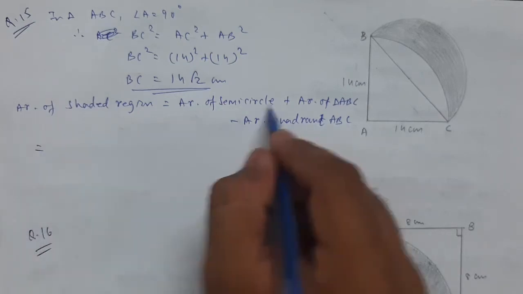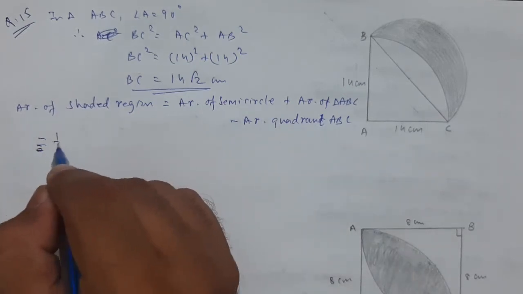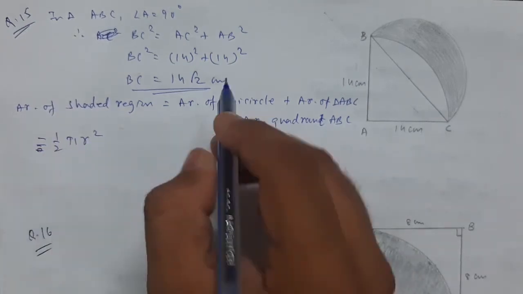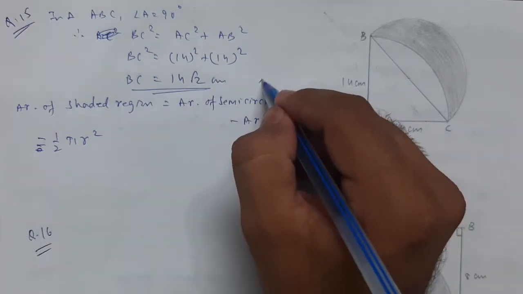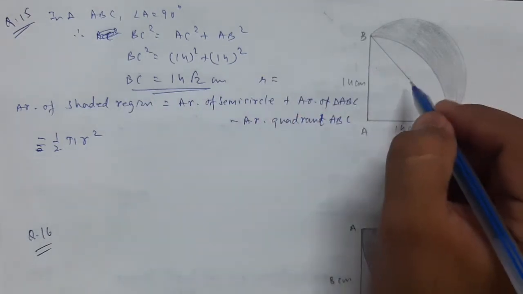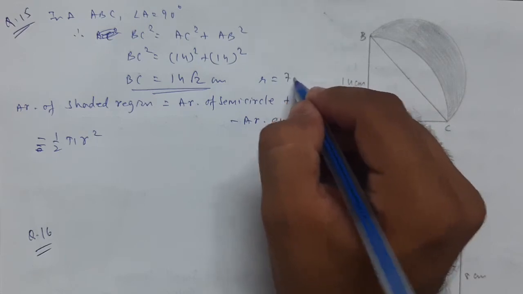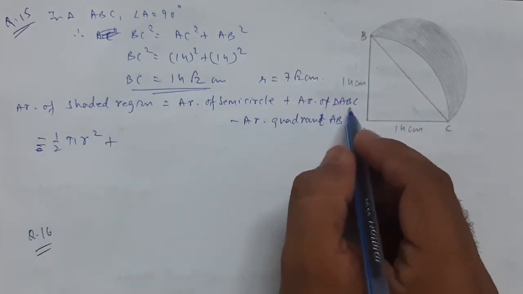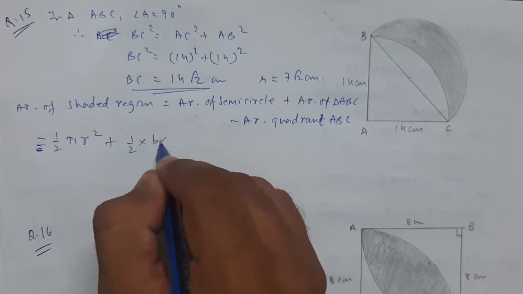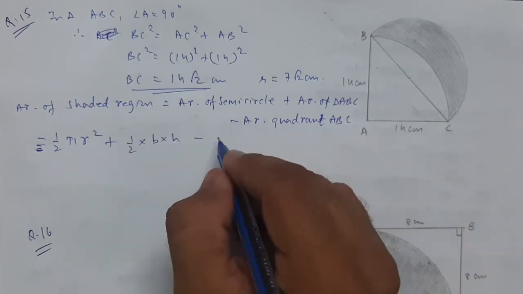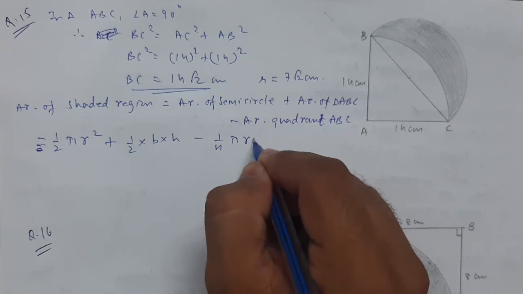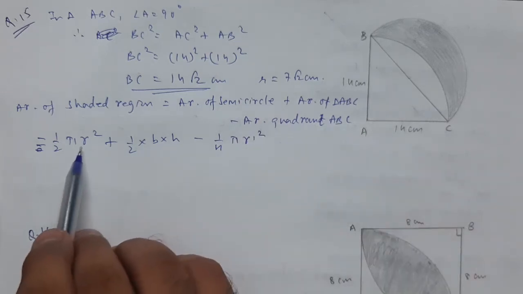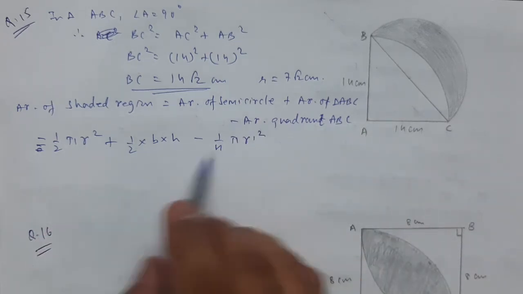So area of semicircle will give you 1 by 2 pi r square. Now this BC is the diameter, so radius will be half of it, so 7 root 2 centimeter, plus area of triangle ABC, half into base into height, and area of quadrant 1 by 4 pi r dash square, because this radius is different.